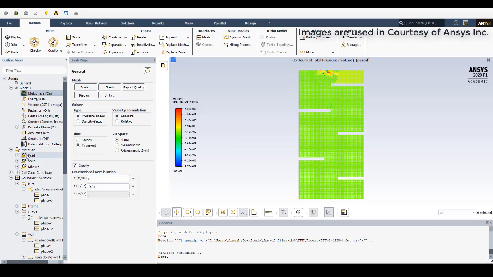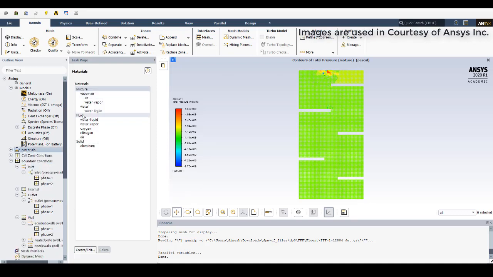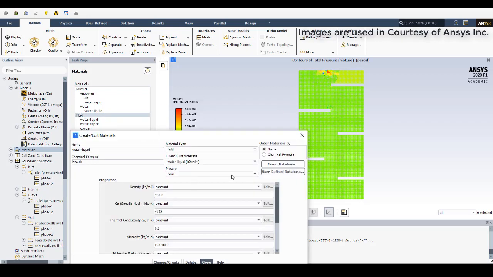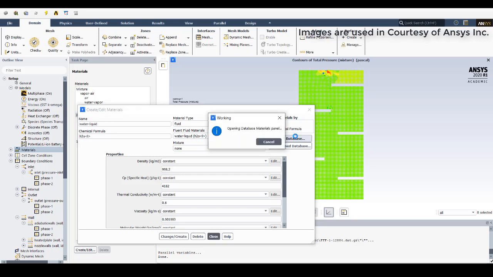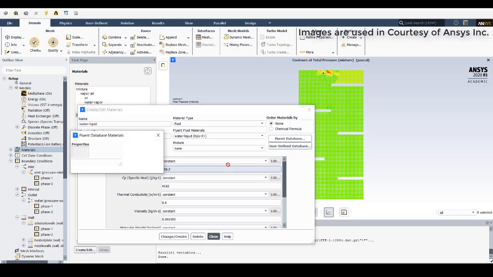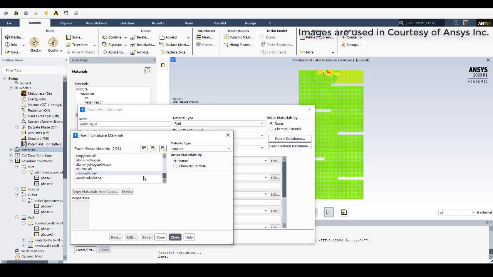Then you need to go into materials, get into fluid. In the fluid, I've copied and pasted both.